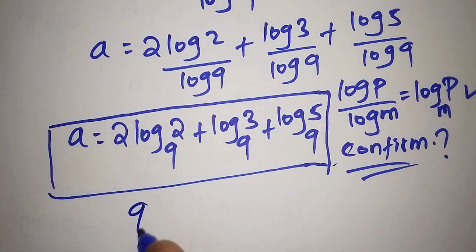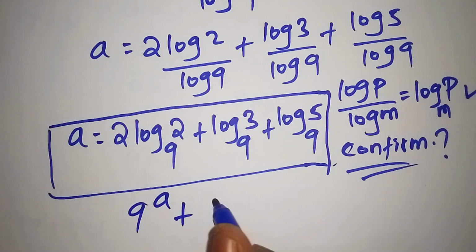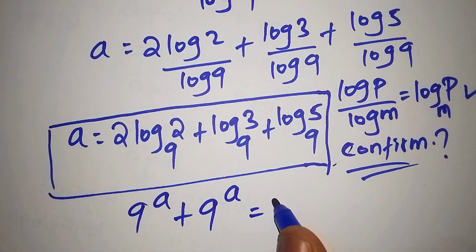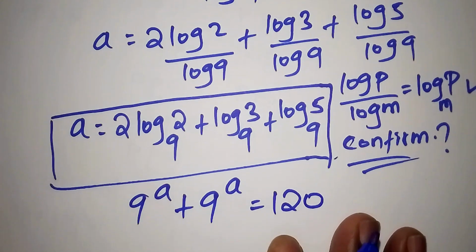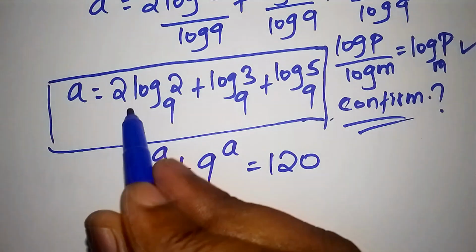We had 9 to the power of a, plus 9 to the power of a, is equal to 120. So where we've written a, we shall now write this value.